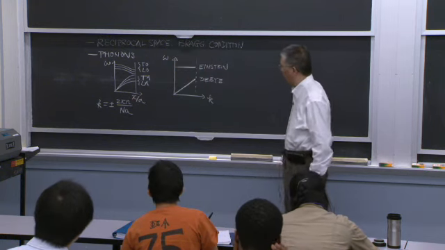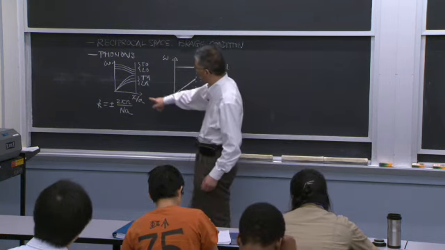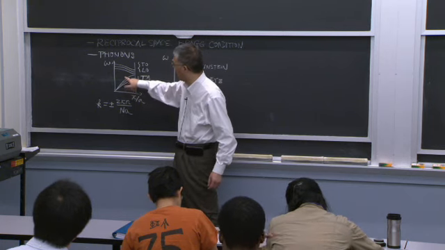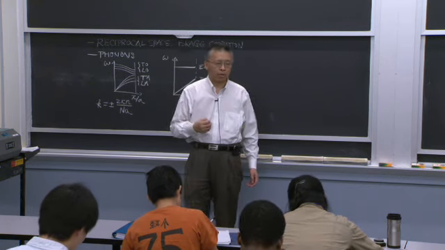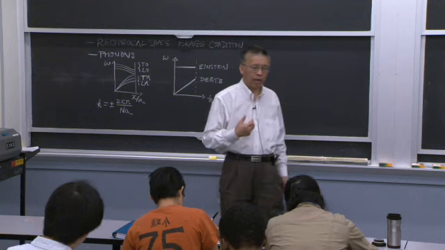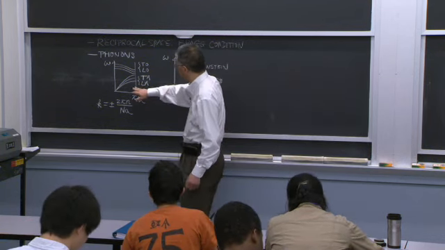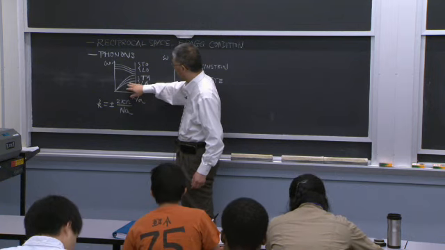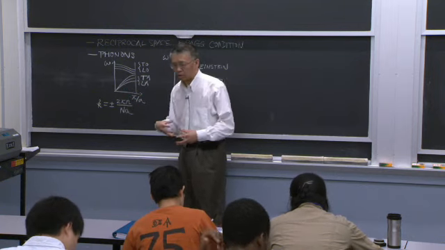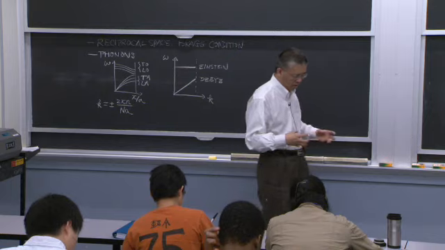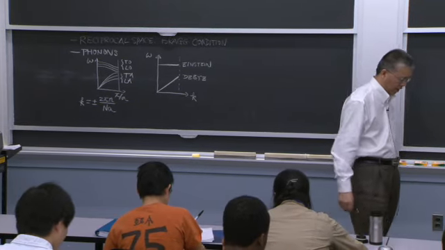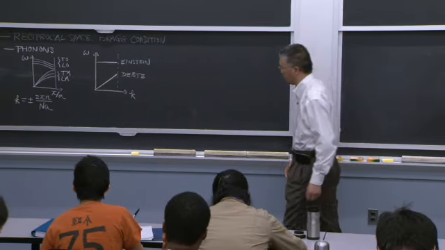And we have the acoustic branch. If I have more than one atom at the lattice point, I also have an optic branch. The acoustic branch has longitudinal and transverse modes. Typically, longitudinal has a higher frequency and transverse a lower frequency.